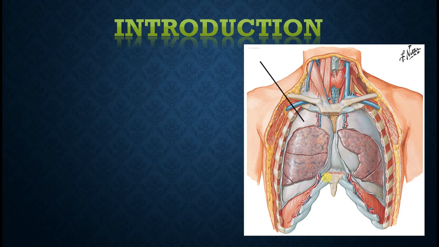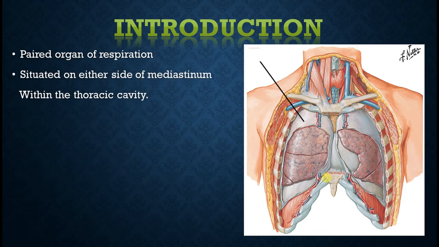Okay, so you all know right from your school days that a pair of lungs are present in the thoracic cavity and they are the organs of respiration. A lung is a soft, spongy, pliable structure. It is half cone shaped, because you are able to see it is only convex on one side, where you have the apex and the base of the cone, but the other side is not convex, it is somewhat truncated.